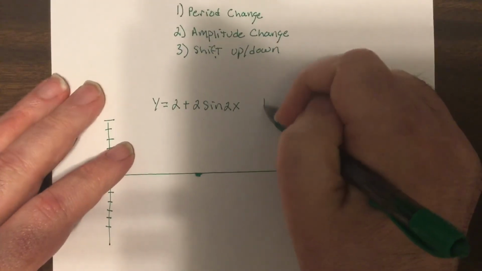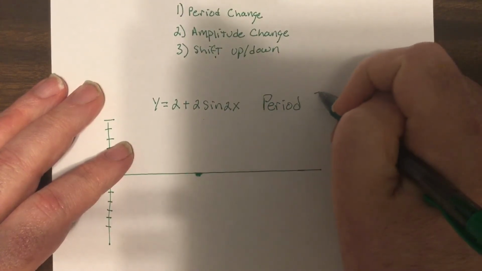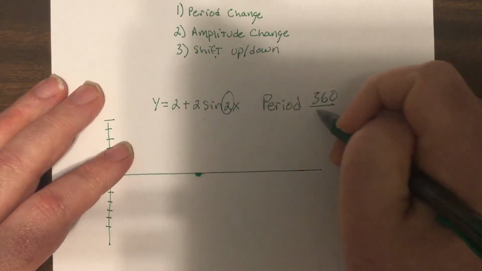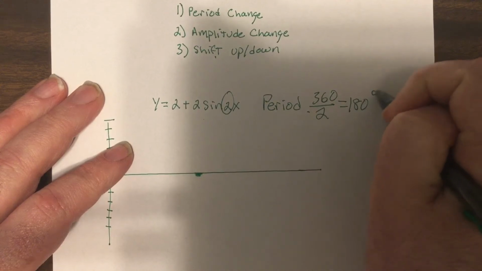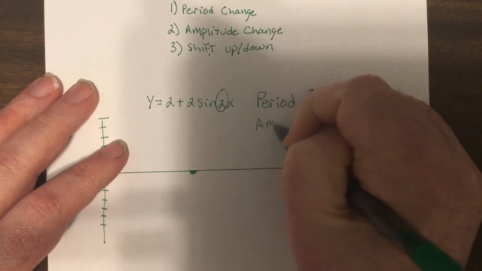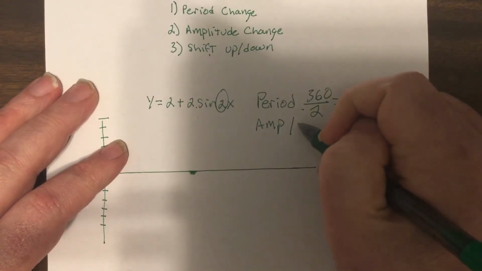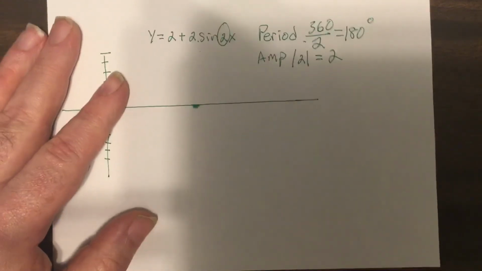First, what is the period? Well, the period is 360 divided by your B. So that would be 180. Then your amplitude is the absolute value of A. So that would be 2.